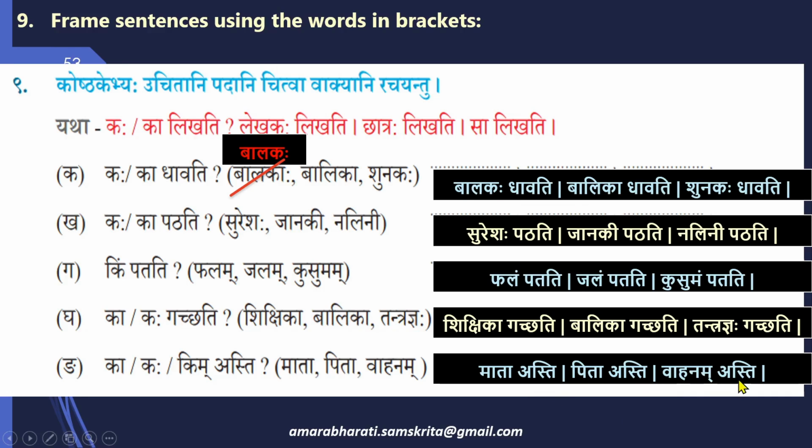So the kriya pada verbs in Sanskrit, these verbs dhavati, pathati, patati, gachati, asti, and so on, all the verbs of this form in Samskrita language are independent of gender. They are the same for masculine, feminine, and neuter. So this is the important thing which we can learn from this particular question.